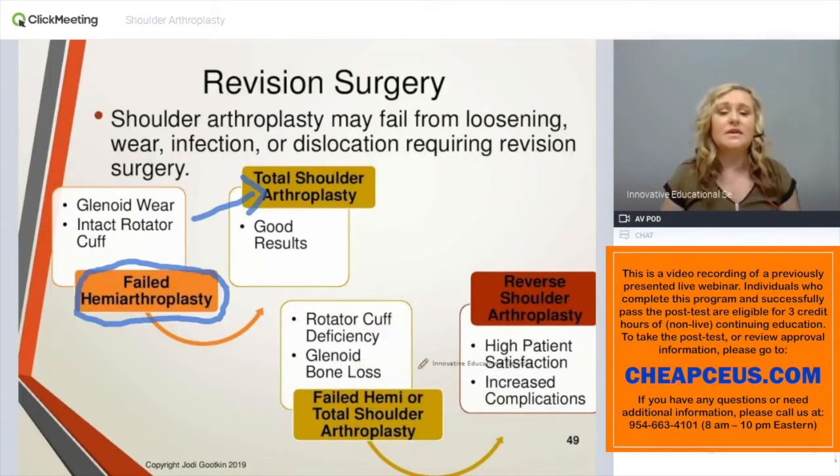If that fails, then they have that opportunity to take that patient to the reverse shoulder arthroplasty. What they're finding in some individuals is that as they are getting older and the rotator cuff naturally becomes weaker with age, they may need to shift to that reverse arthroplasty.